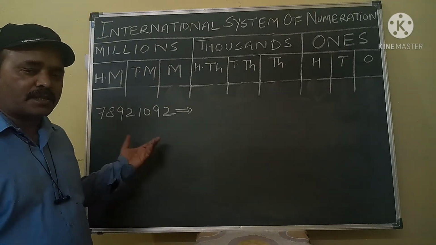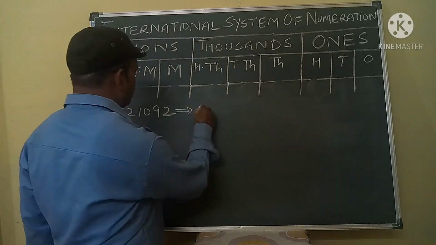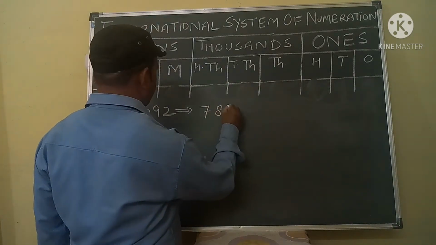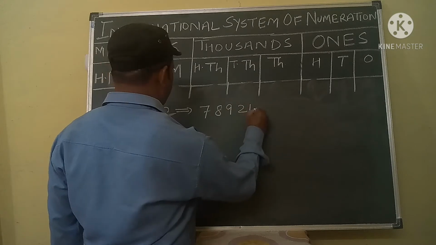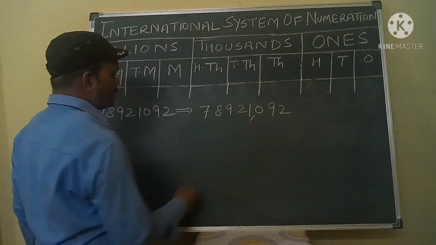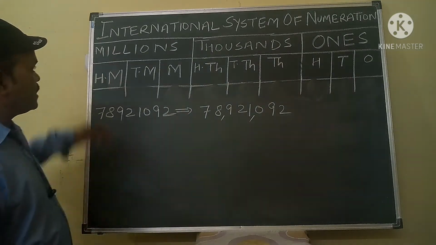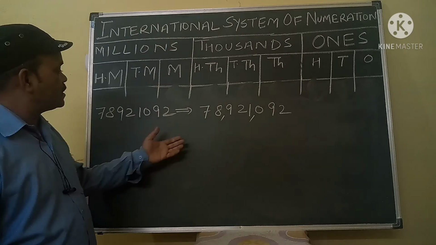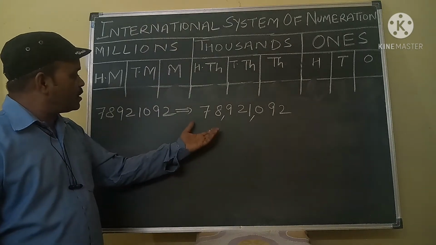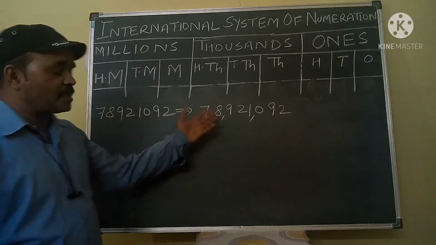We will put the comma after 3 digits. First comma after 3 digits, second comma after 3 digits. In the international system we will put the comma after three digits. Okay, after three places.